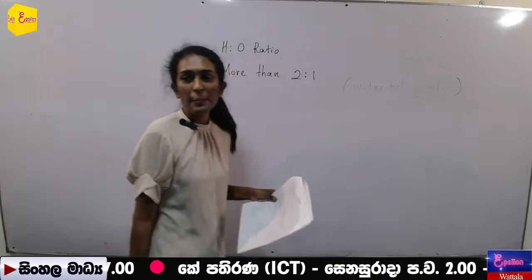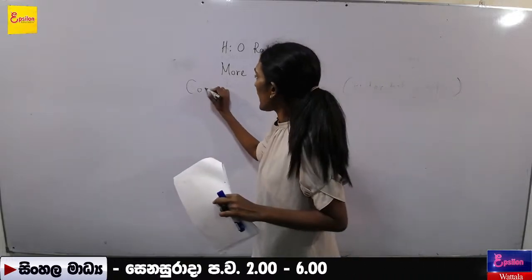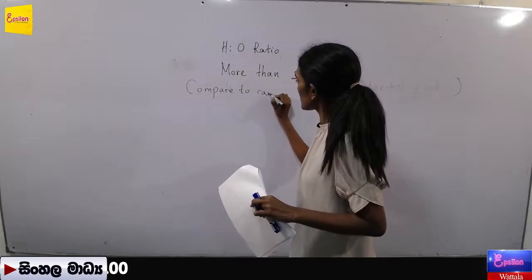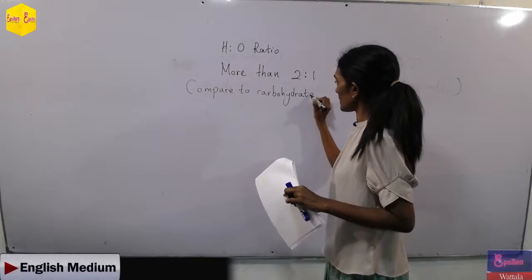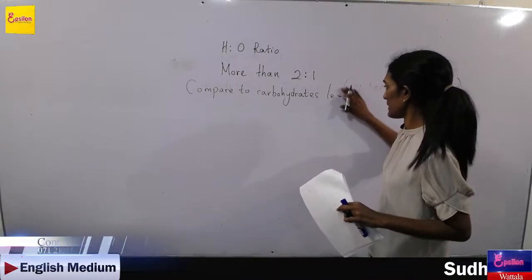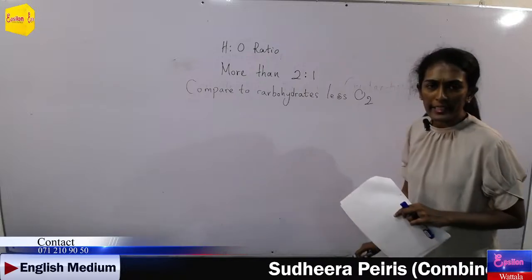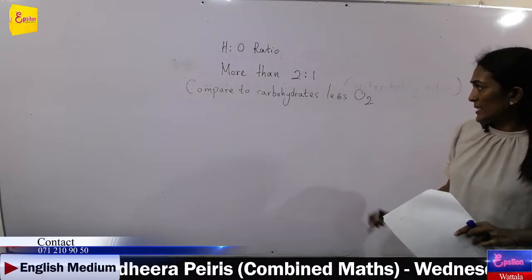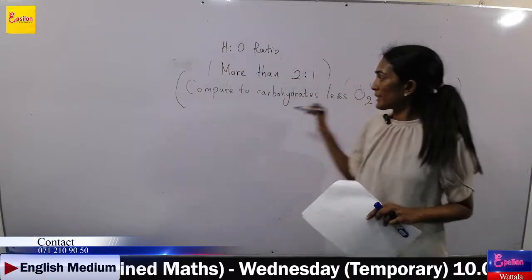More hydrogen per one oxygen, right? So compared to carbohydrates, less oxygen is there. Okay, that's the meaning behind this. Okay, Hari, write the answer. More than 2:1 is the answer. If you want, write that and keep.